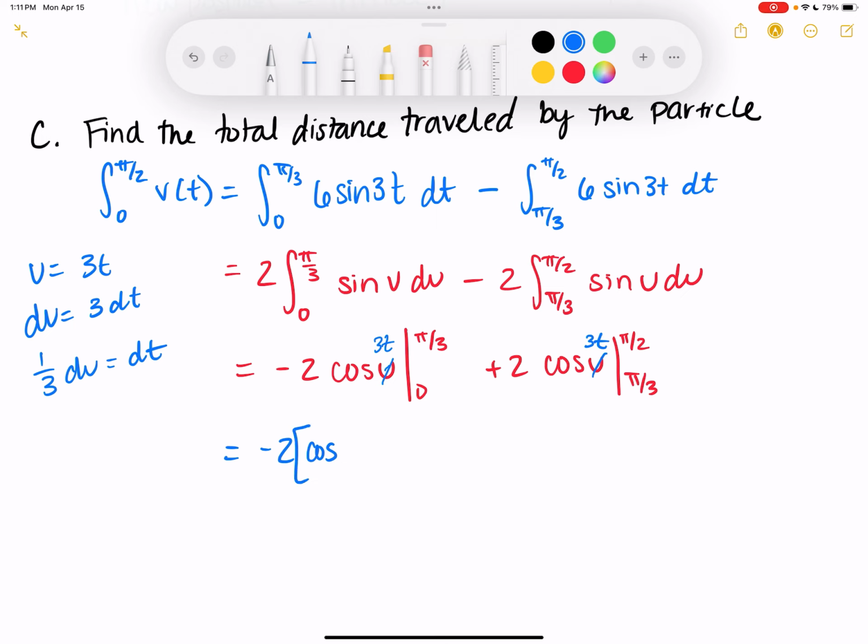So the cosine of 3 times pi over 3, so the cosine of pi, minus cosine of 0, plus 2 times the cosine of 3 pi over 2, minus 3 times pi over 3 is pi, so minus the cosine of pi.